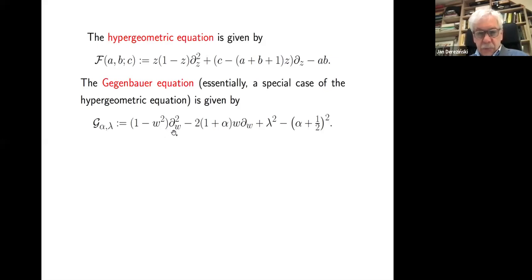This is an equation which is invariant with respect to the change w goes to minus w. And of course, solutions of the Gegenbauer equation can be expressed in terms of the hypergeometric function.